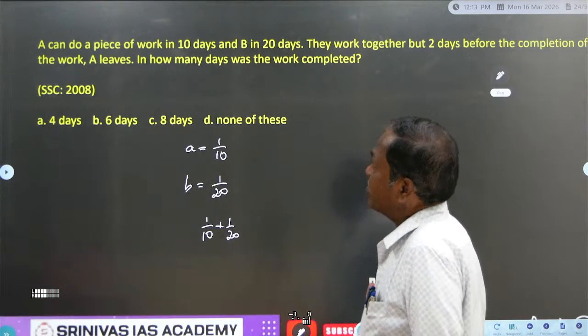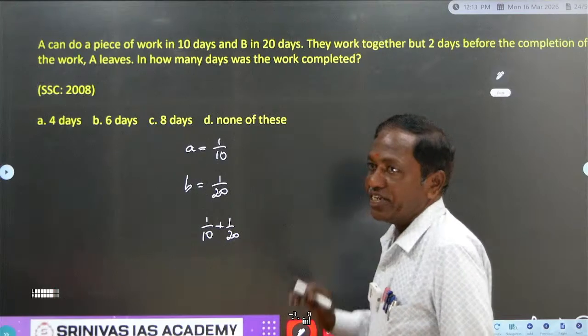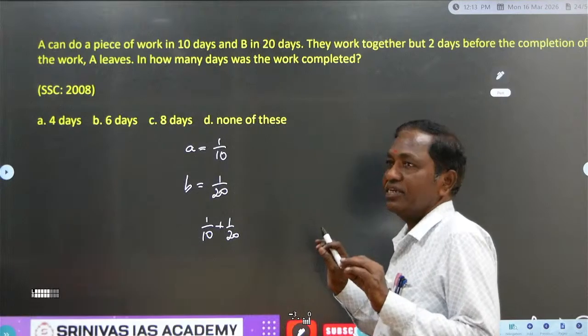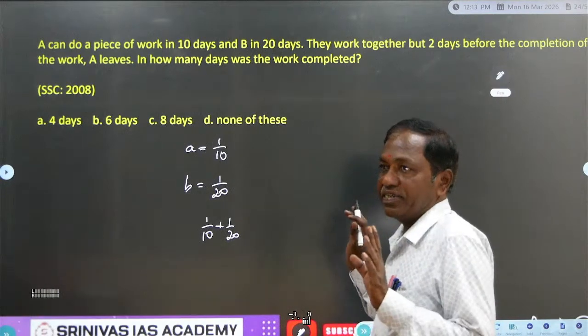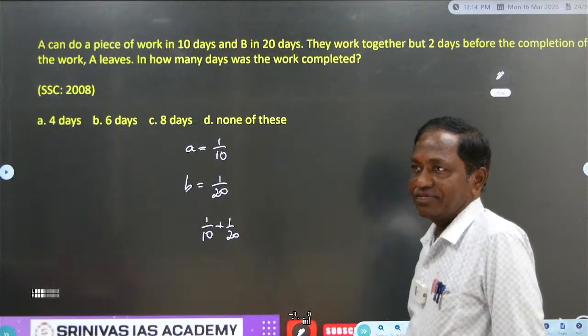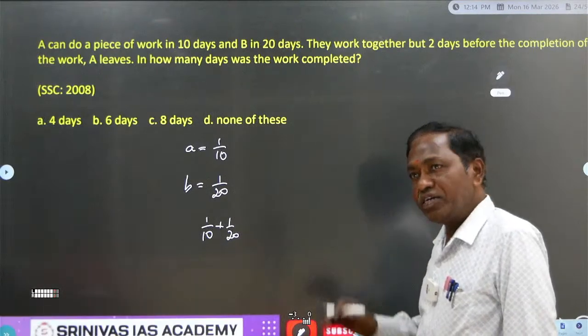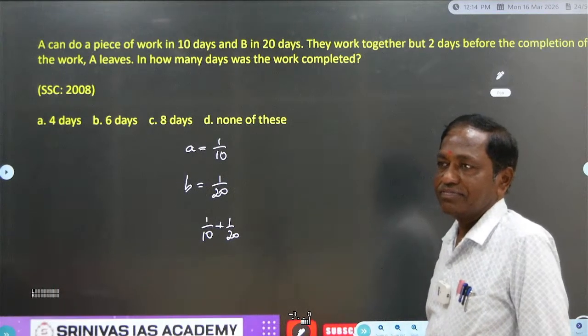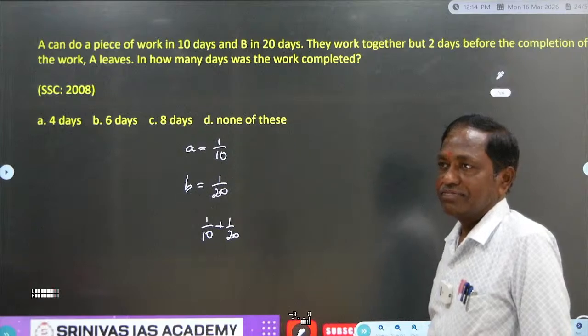Sir, A can do a work in 10 days. If A alone can do the work in 10 days, B alone in 20 days. Yes, sir. But both of them work together. 1 by 10 into 2, sir. Before the completion of the work, A leaves. After 2 days, B will join.